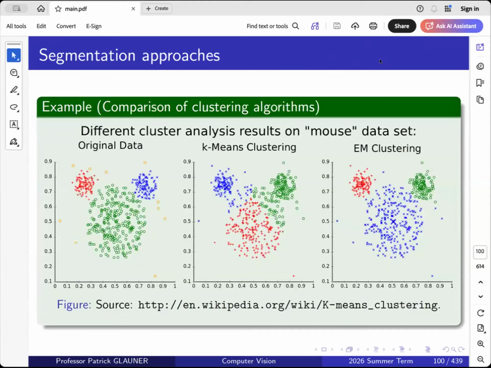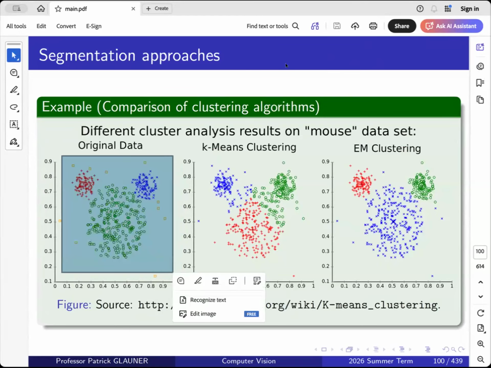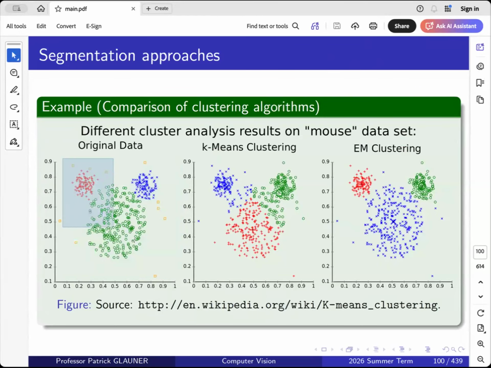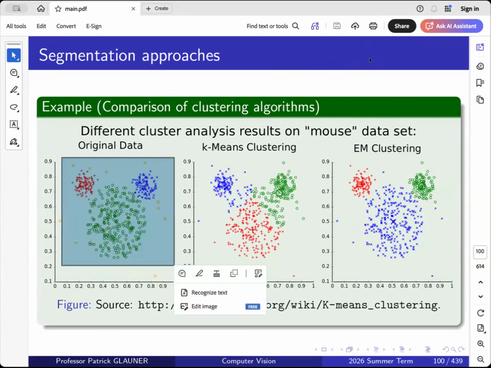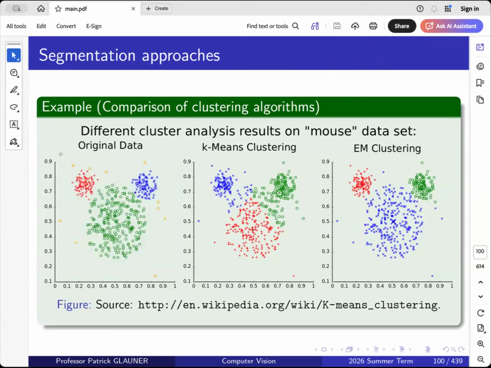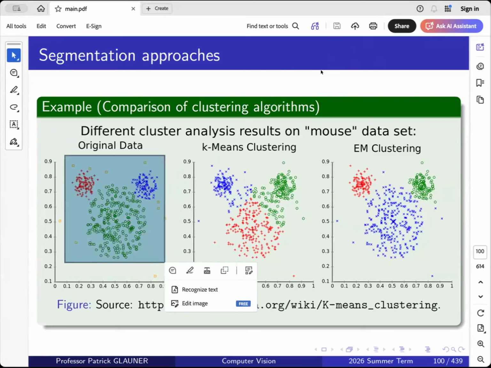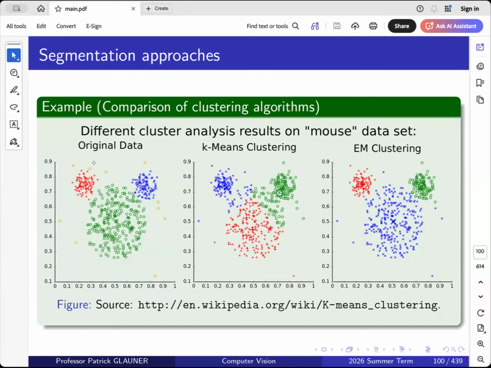And there are lots of different clustering algorithms. Imagine we have this data here. These colors are initially just for illustration. So this is sort of some Mickey Mouse data set. These colors are just for information. They are not calculated yet.